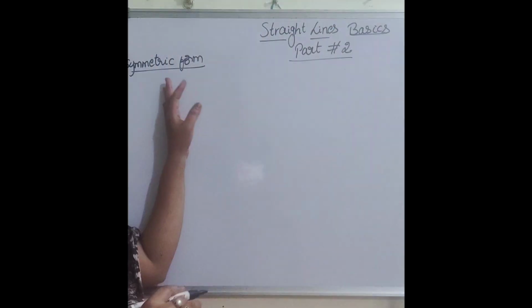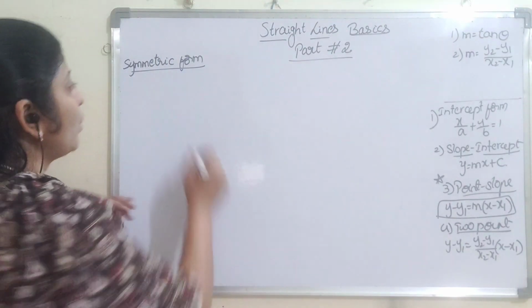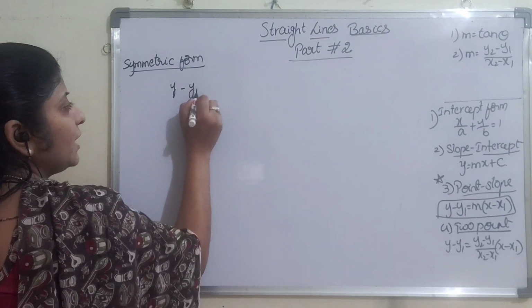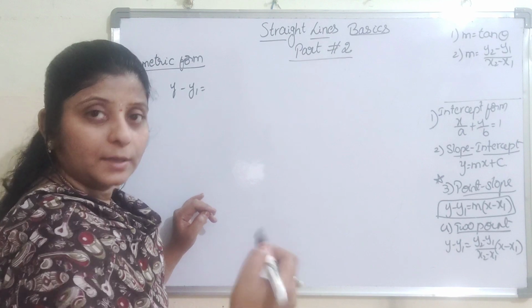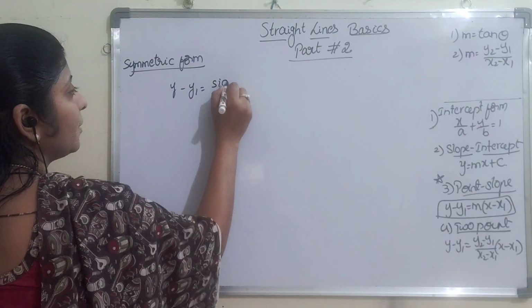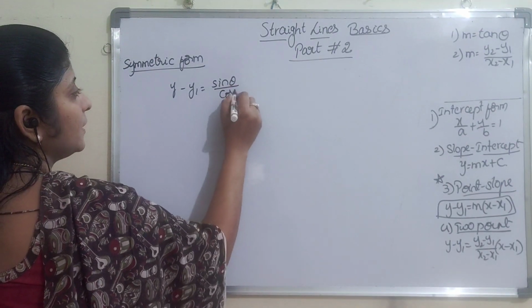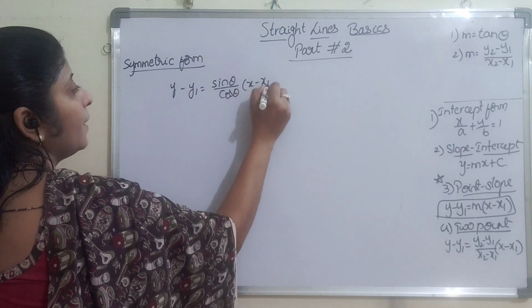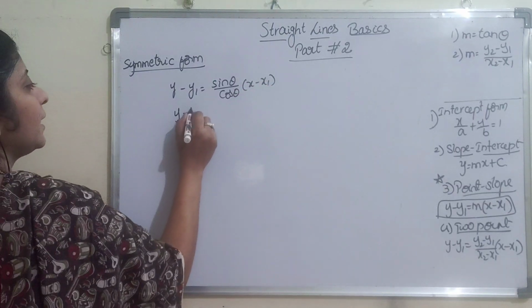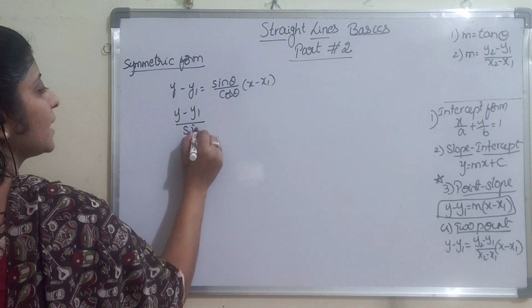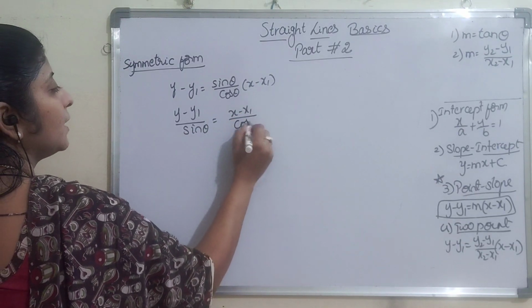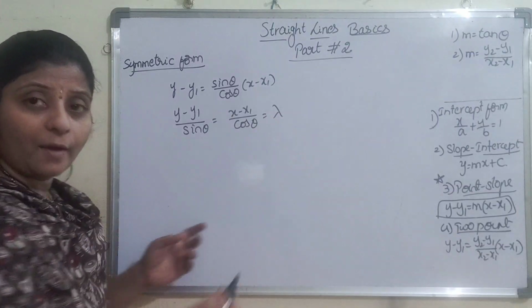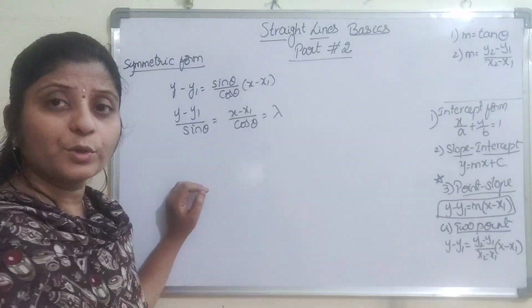So next one, symmetric form. Symmetric form means y minus y1 equal to the same form, where in the m place we are using tan theta. Tan theta can be written as sin theta by cos theta. So we are taking the ratio y minus y1 by sin theta equal to x minus x1 by cos theta, which will give you some constant, since two ratios are equal.